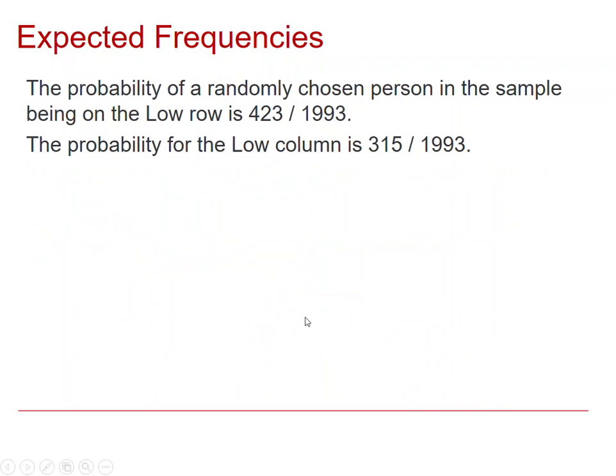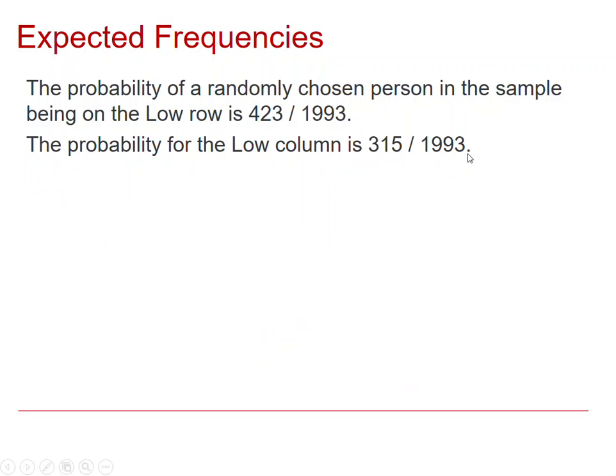Another way of considering the expected frequencies is to think about the probability of selecting a randomly chosen person in any particular cell. So if we're considering the low row, the probability of getting someone in there would be 423 out of 1,993. And the probability of getting someone in the low column is 315 out of that same total.